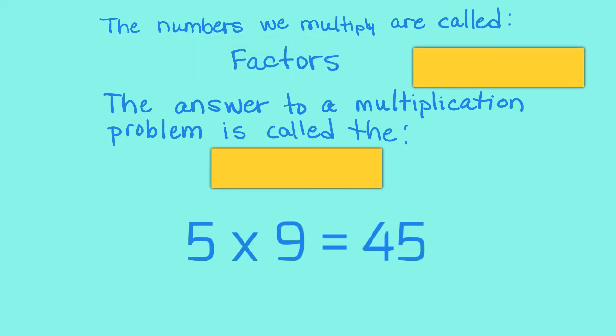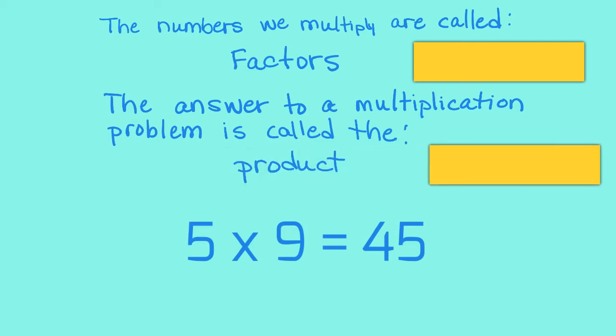Yes, they are called factors. The answer to the multiplication problem is called the what? Yes, it is called the product. So, when we're looking at this math problem below, we know that 5 and 9 are both factors. 45 is the product.